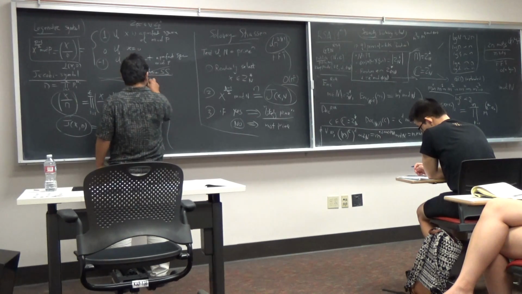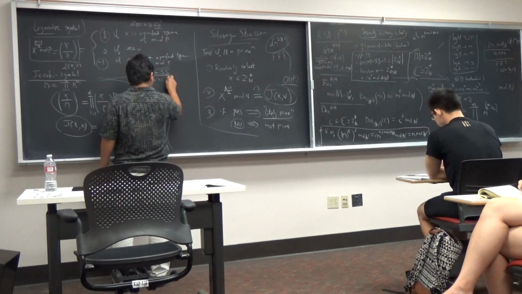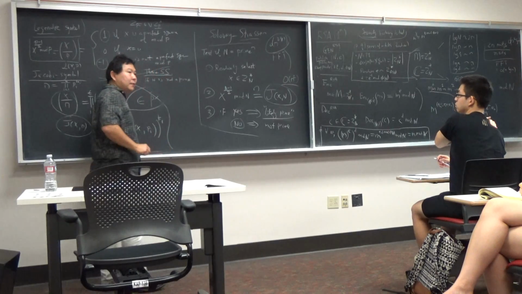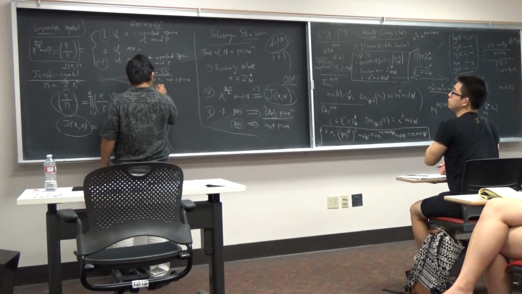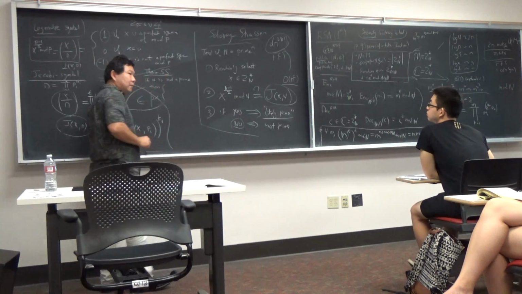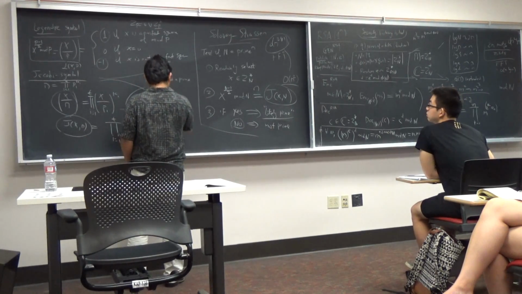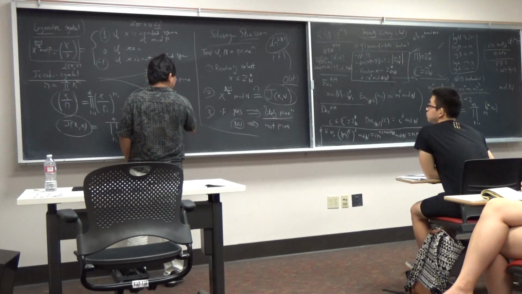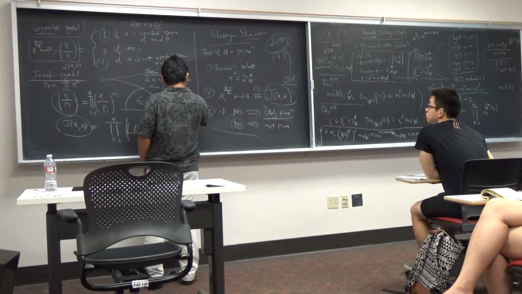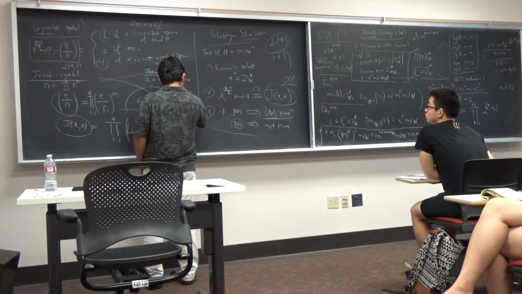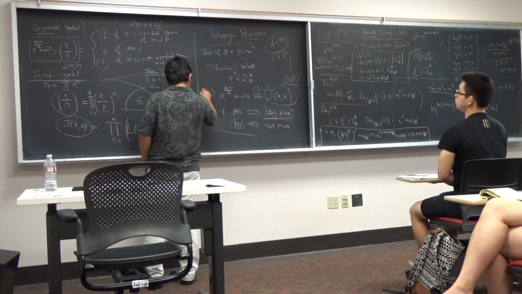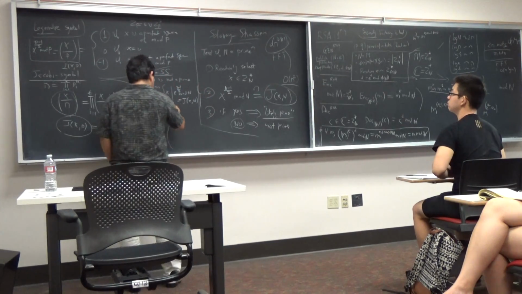If n is not a prime, right, then this thing, x such that x to the (n minus 1) divided by 2 mod n is equal to the Jacobi symbol, is a group.